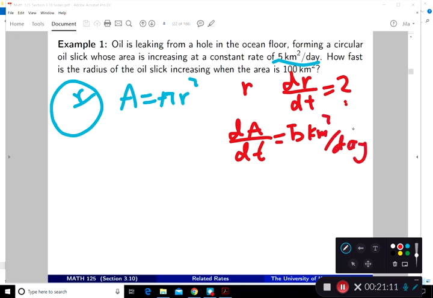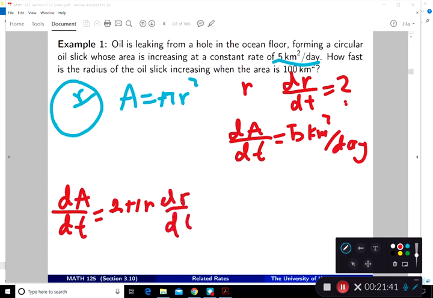Now, let's just keep all the information that we have and try to take the derivative of both sides, to see how the change in area is related to the change in radius. When I do that, I see dA/dt is equal to pi times 2r, which is 2 pi r, and then the derivative of the inside, r squared, inside is r, dr/dt.